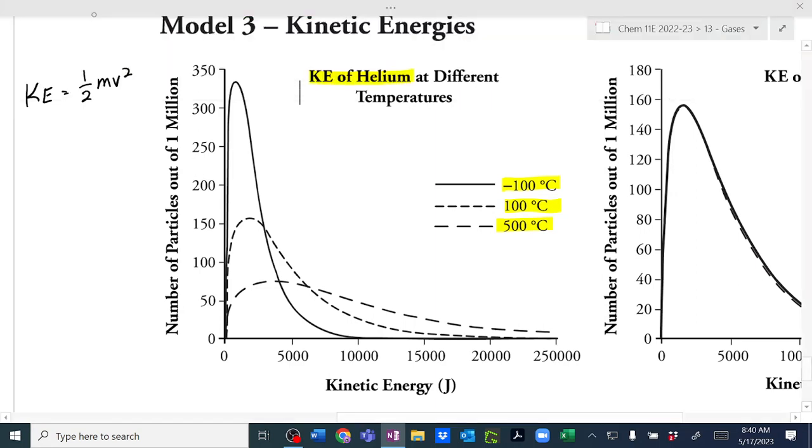So masses are all the same, but the temperatures are different. Okay, and what is temperature?